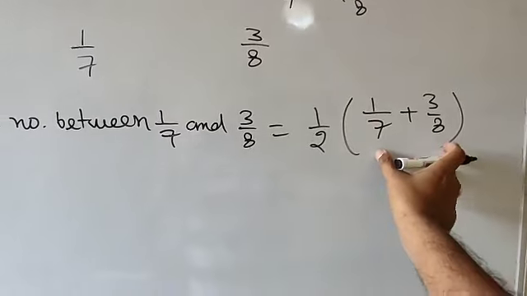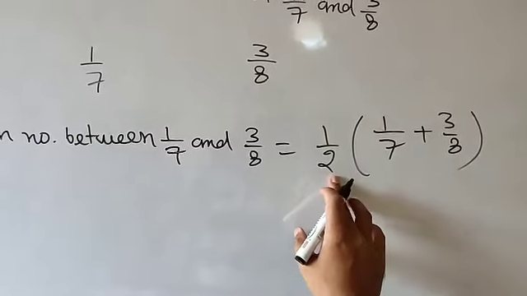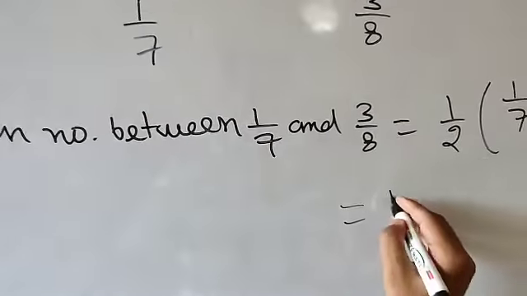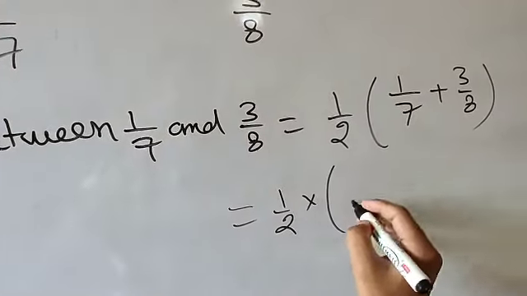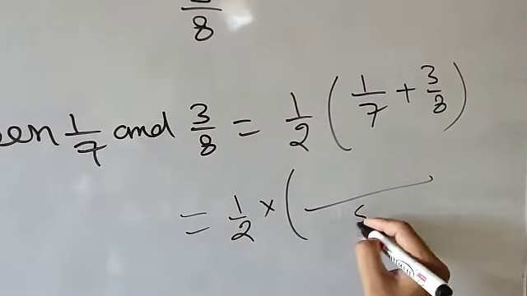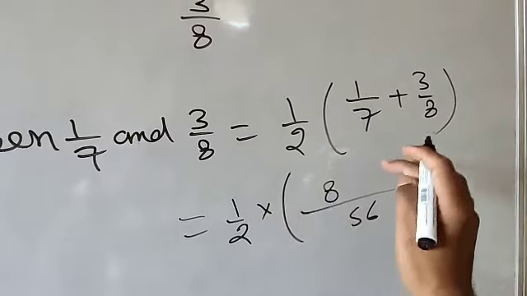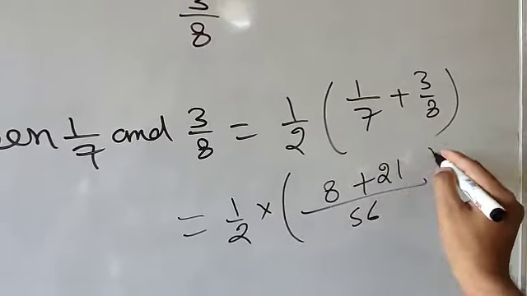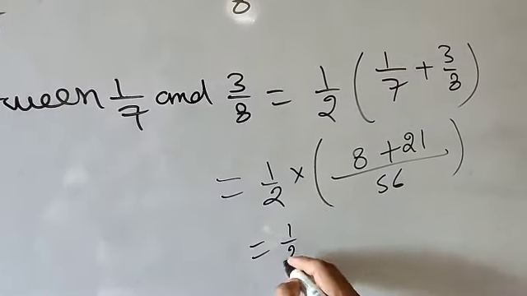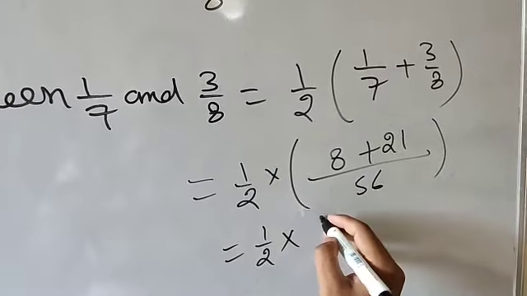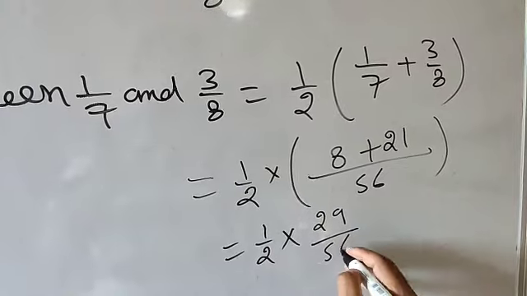You need to find the sum of both the rational numbers and that will be multiplied by 1 by 2. So it is equal to 1 by 2 into, what is the LCM of 8 and 7, that will be 56, and 7 8s are 56, that will be 8, and 8 7s are 56, 7 3s are 21. So that is equal to 1 by 2 into 29 upon 56.